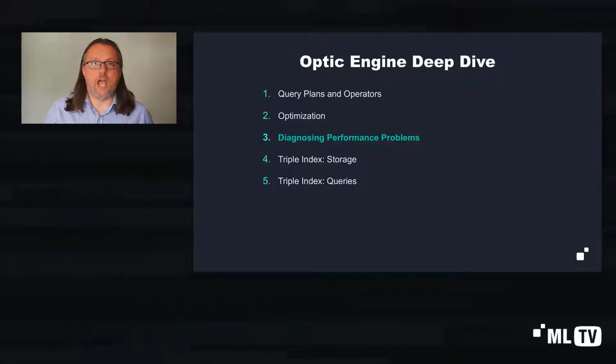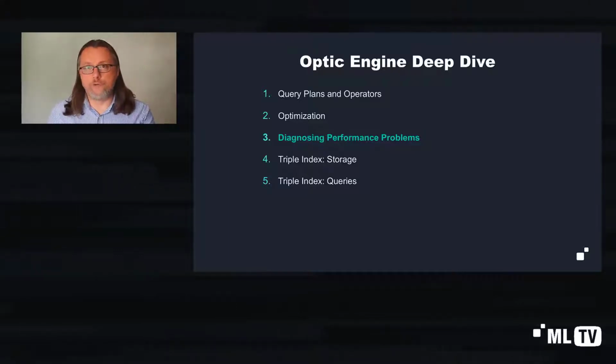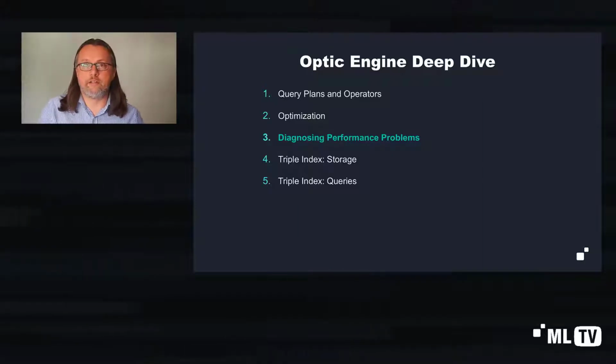This is part 3 of a 5-part deep dive into the Optic Engine. And we're going to be looking at what to do and what to look for if you have a query that's running on the Optic Engine that is not performing as well as you'd want.